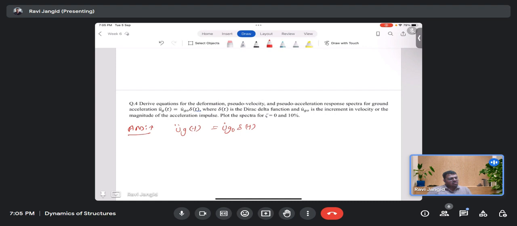We have to plot it for xi equal to 0 and xi equal to 0.1.